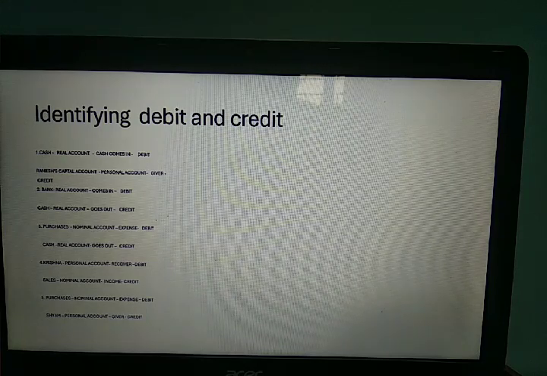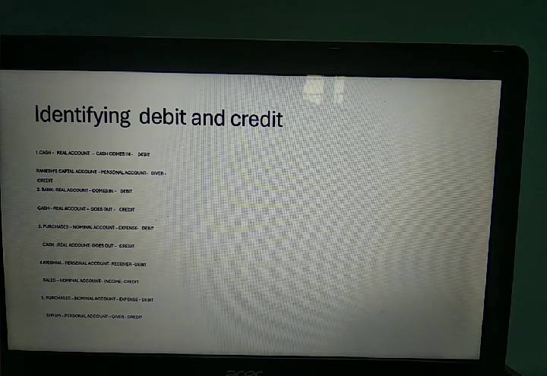Whatever transactions there are, they are financial transactions only; without monetary terms there are no transactions. Whenever you make a journal, first identify the two sides, then identify what the accounts are, either real account, nominal account or personal account. Whatever transactions there are, they will be restricted within these three heads only.